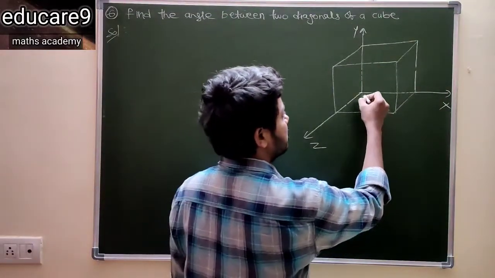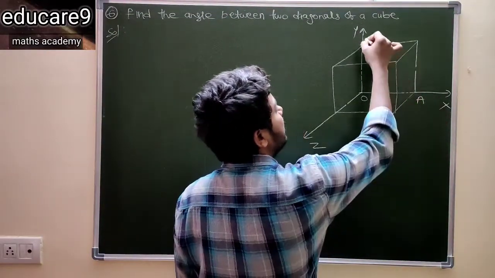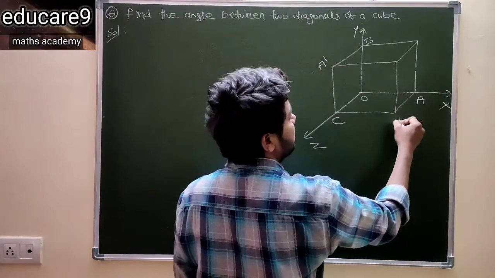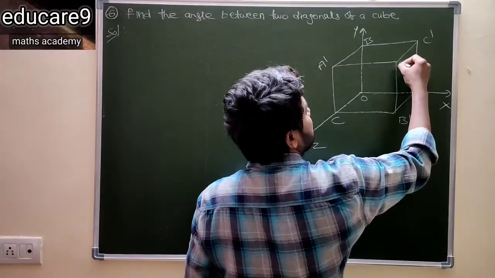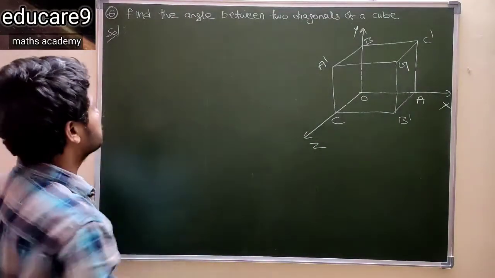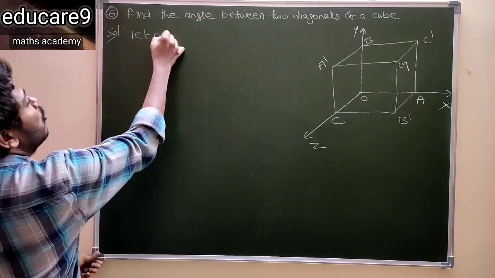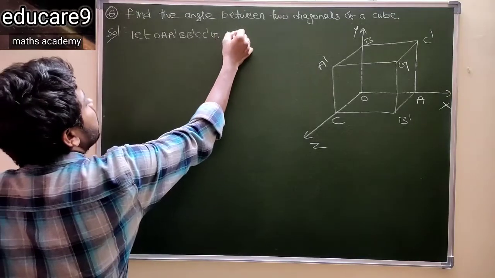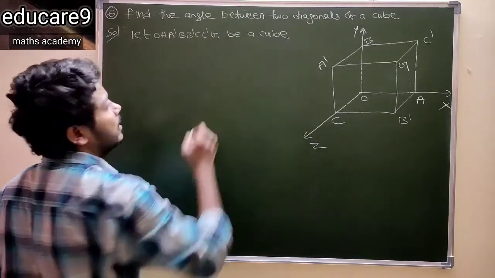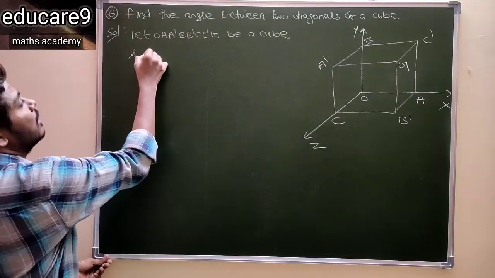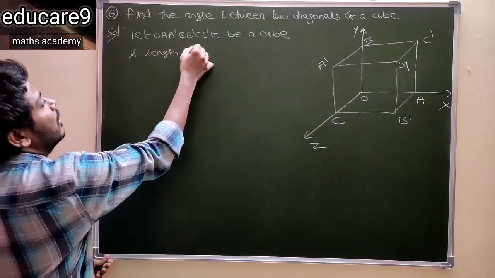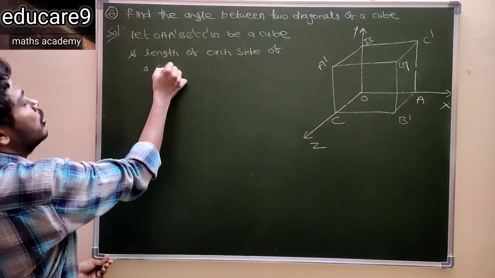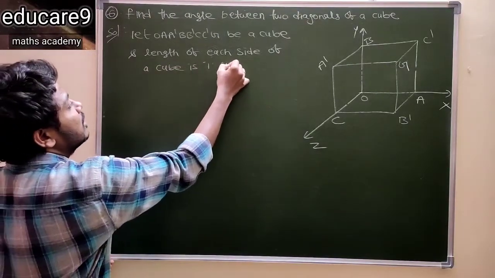So let us consider the vertices. This is O, this is A, this is B, this is C, and this is A dash, this is B dash, this is C dash, this is G. Okay, so let OA, A dash, B dash, C dash, G be a cube, and the length of each side of the cube is 1 unit.